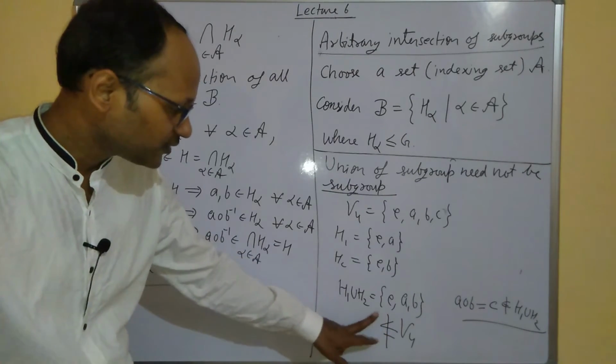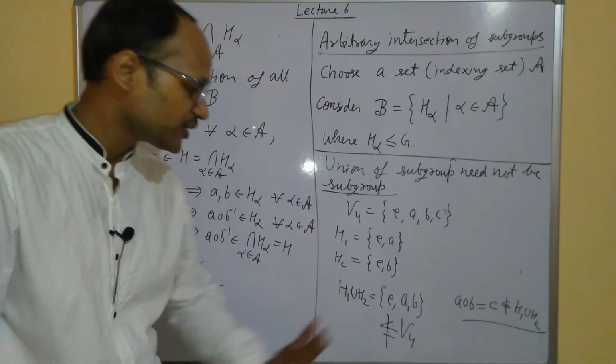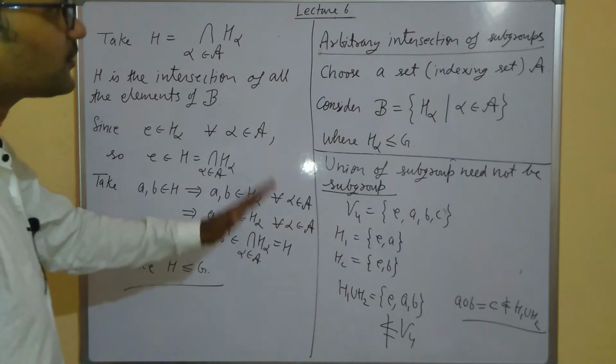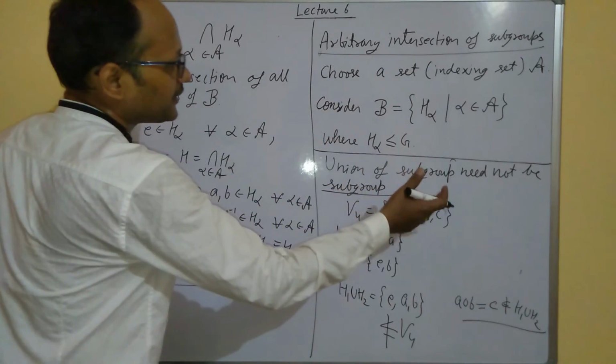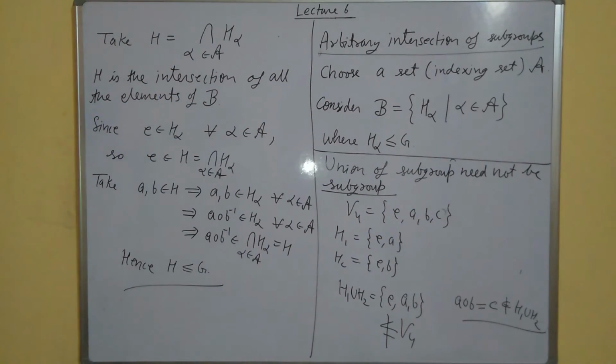This notation is for not a subgroup. So H1 union H2 is not a subgroup of V4. So union need not be a subgroup, but arbitrary intersection is a subgroup. So take any number of subgroups and take their intersection, that will again be a subgroup of a group.